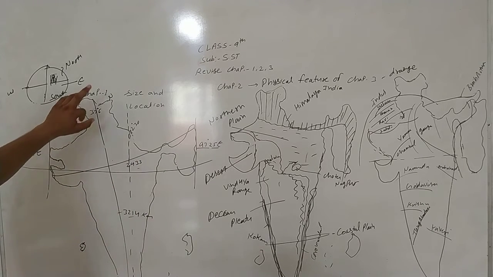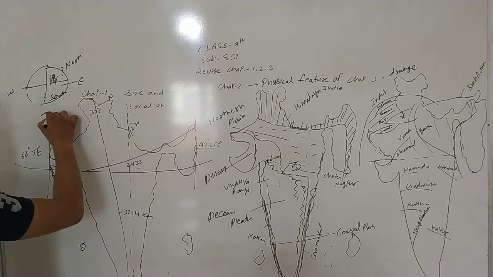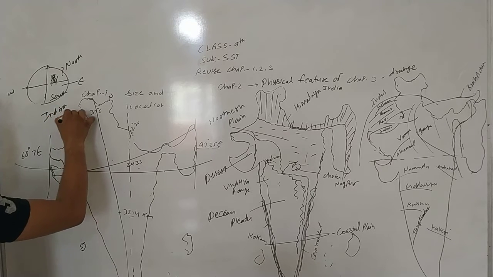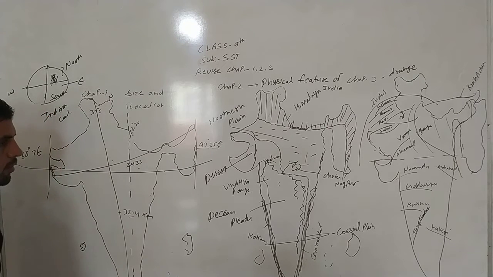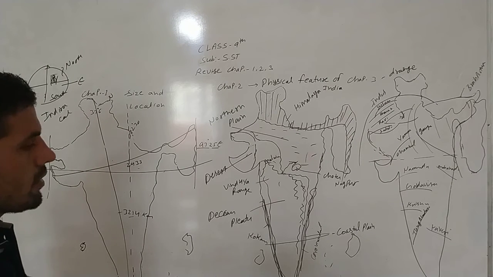This is the topmost part, Kashmir to Kanyakumari. In other words, it is called Indira Col and Indira Point. Indira Point is in the Indian Ocean.